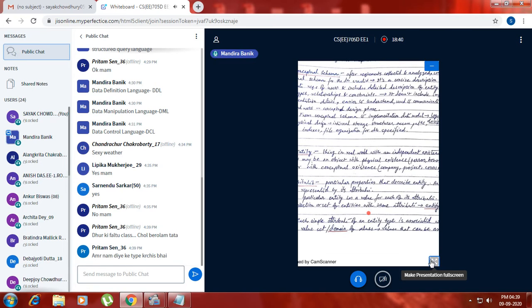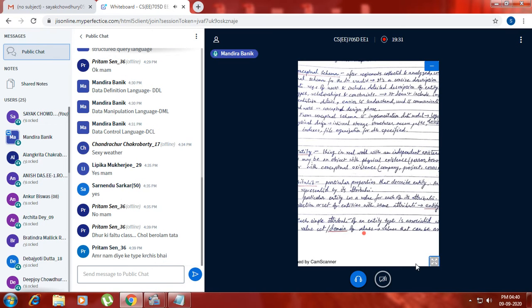The teacher entity type consists of all the teachers who are teaching you, having the same attributes: teacher ID, teacher name, address, degree, subject taken. These are the common attributes of all the teachers. And myself, Mandira Bonik, is a single teacher. So I am a single teacher entity, and all the teachers make the teacher entity type.